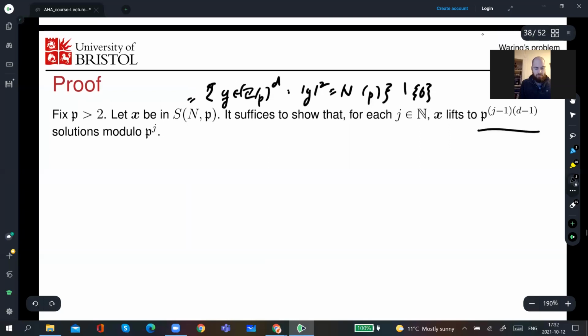Wonderful. Let's do that. The way we're going to do it, okay, without loss of generality, since x is in here and it's non-zero, assume that the first coordinate is non-zero.